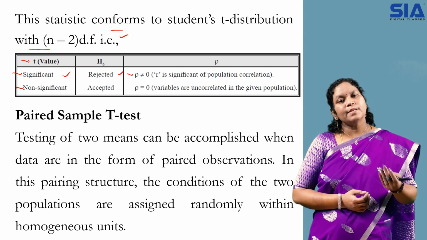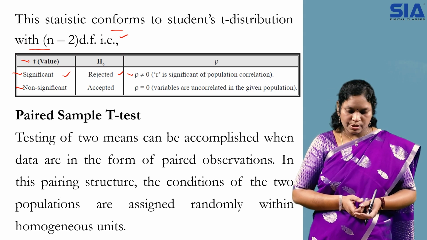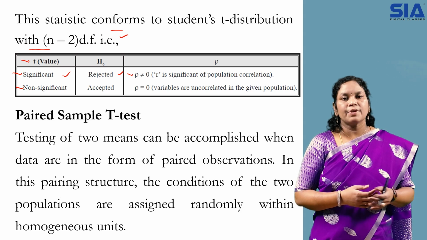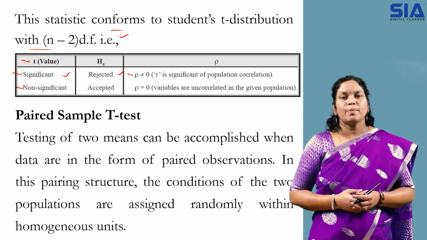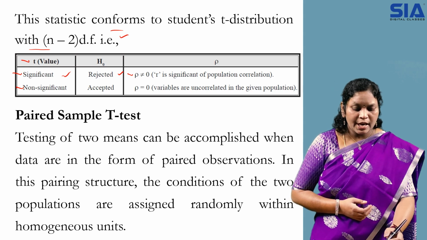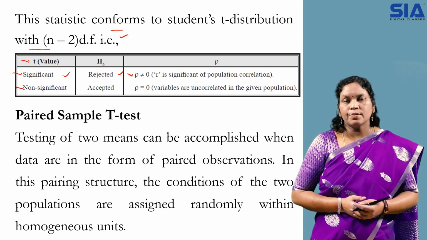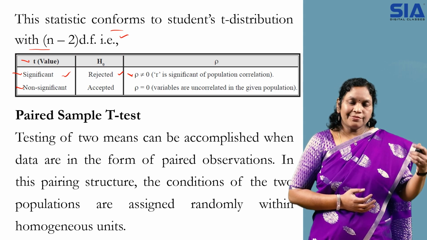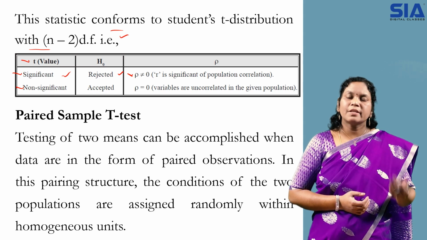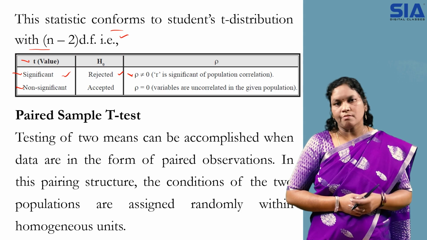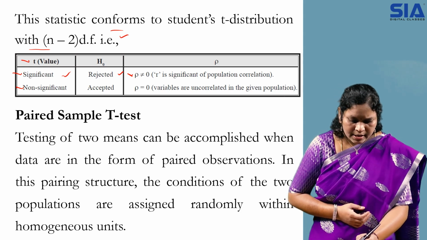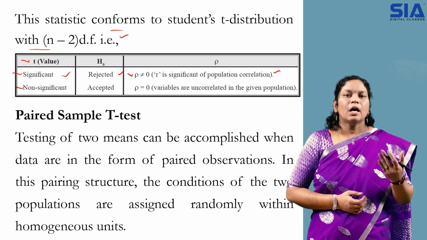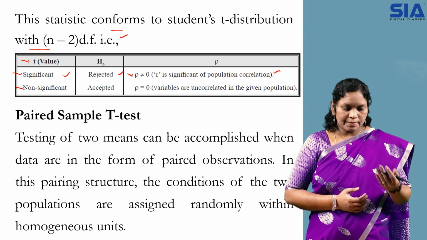Rejecting the null hypothesis means it is significant. So definitely rho is not equal to 0, and r is significant of population correlation, which is the outcome of the particular data.